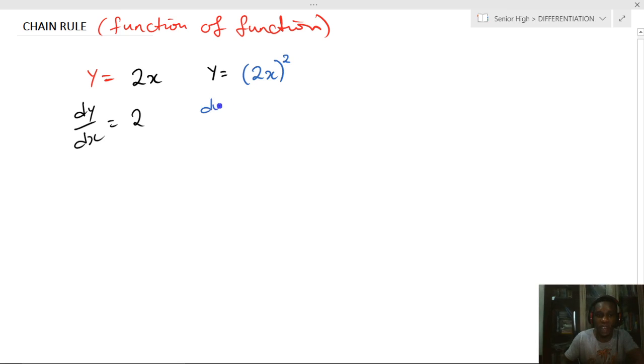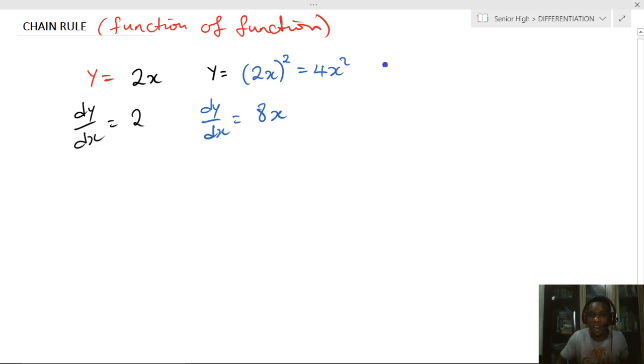Then our dy dx is equal to what? You open up the bracket, and you have 4x squared, right? So our dy dx will be 8x, right? Okay, then let's finally move on.